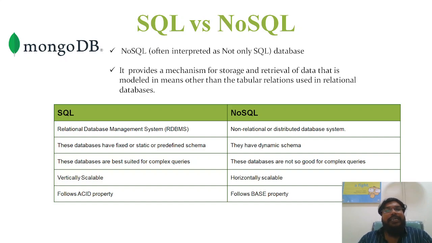SQL is designed for complex queries. That is, we can use nested queries or other complex queries in order to retrieve the data. But NoSQL cannot handle complex queries, and it is a bit difficult to retrieve the data in NoSQL. And SQL is vertically scalable.